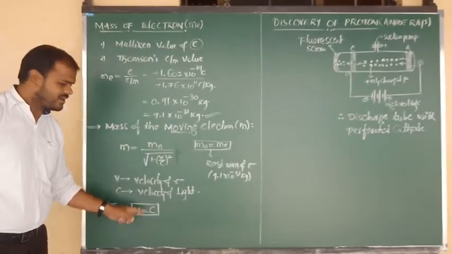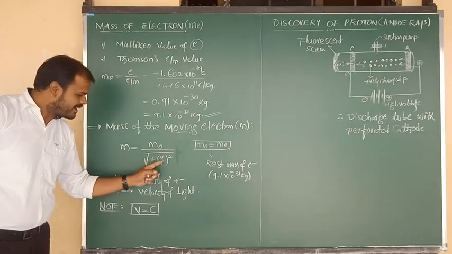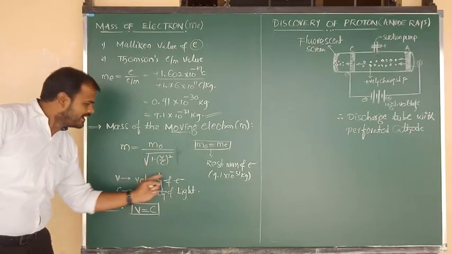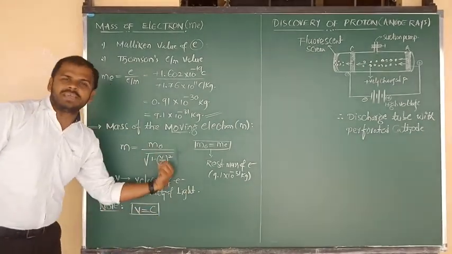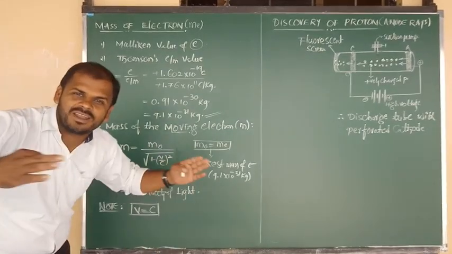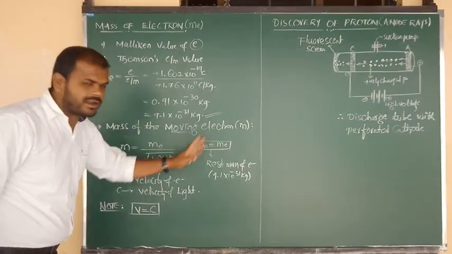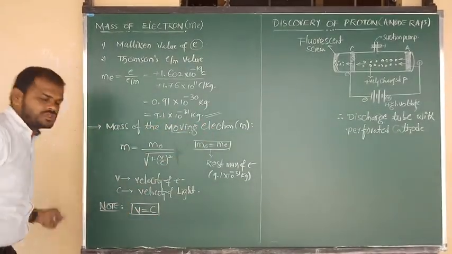In that case, according to the formula, both are equal and get cancelled. 1 minus 1 is 0, so the entire denominator becomes 0. If the denominator is 0, the answer is infinity. That means the mass of the moving electron will be infinity when V equals C.